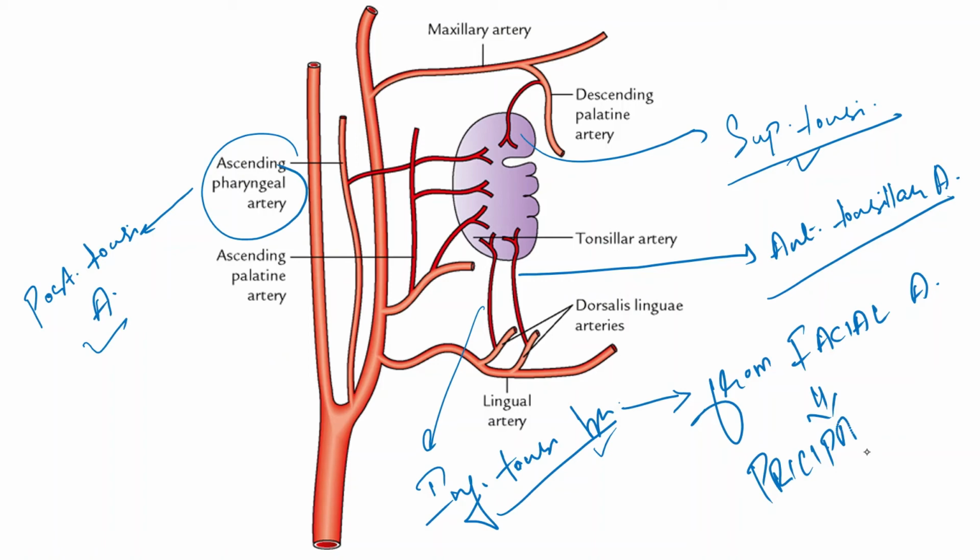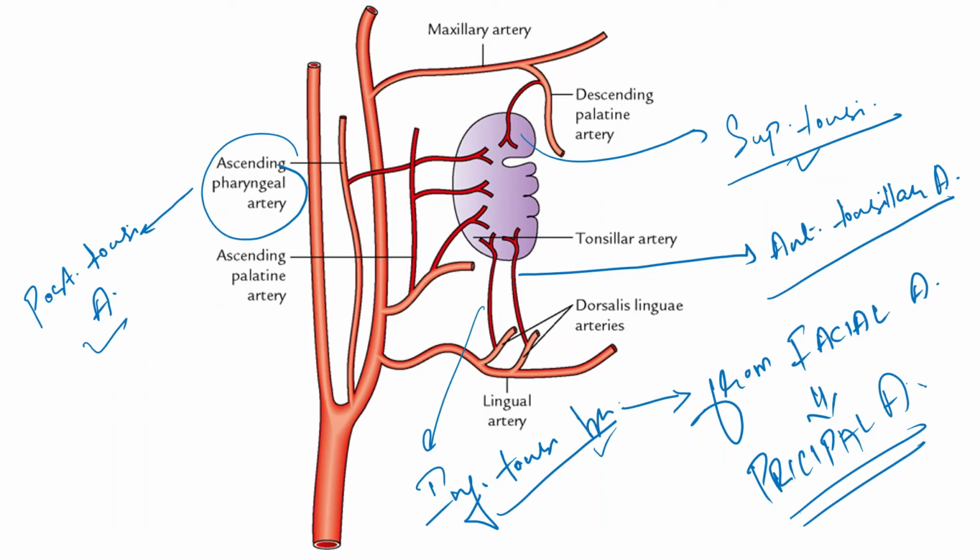It is called the principal artery because this artery is very important and it has to be ligated during the removal of the tonsils in tonsillectomy surgeries to avoid enormous bleeding. So this is about the arterial supply.